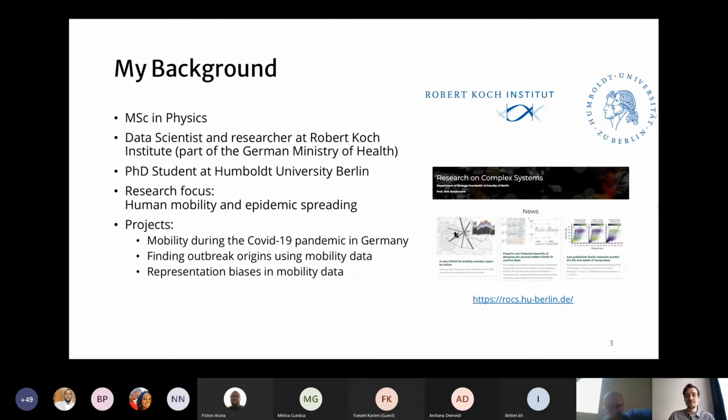So just briefly, my background. I have a quantitative background in physics. I'm currently working as a data scientist and researcher at the Robert Koch Institute in Germany, in Berlin, which is part of the German Ministry of Health. The Robert Koch Institute is sort of the German Center for Disease Control, so we're studying infectious diseases in humans.